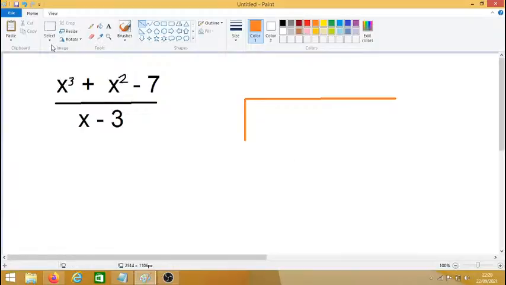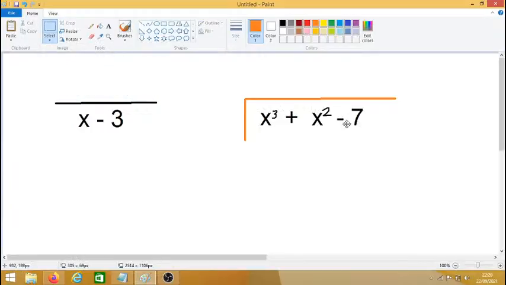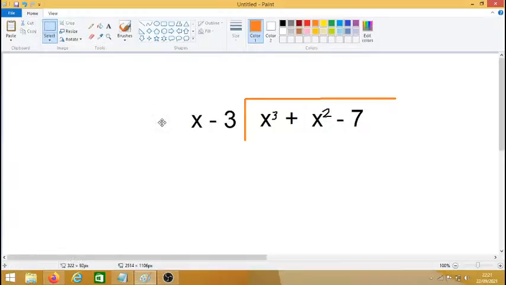So the x cubed plus x squared minus 7 will go in here, and the x minus 3 will go in here. Remember that another way of doing divide is just to think, what do I need to times by? So let's have a look at the first thing. We're doing x cubed divided by x minus 3.